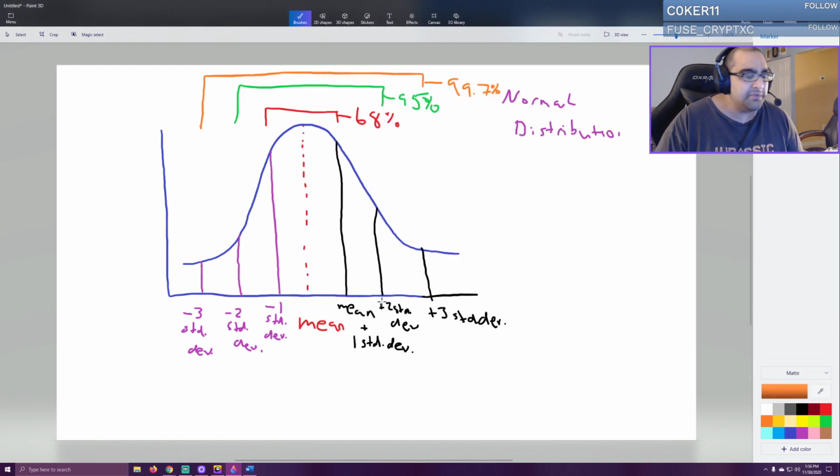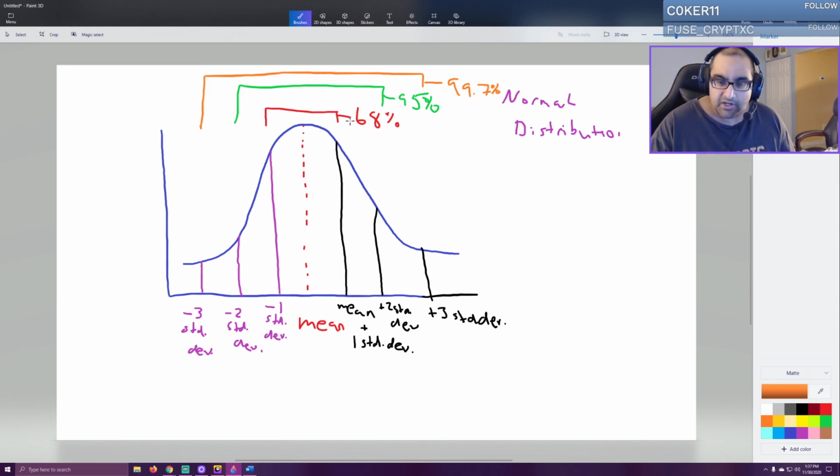So what does that mean here? Well, it means the percentages between each of these bars are also predictable because of that fact. Because it's perfectly symmetrical, think of it this way. Between -1 standard deviation and 1 standard deviation, we said that was 68%.